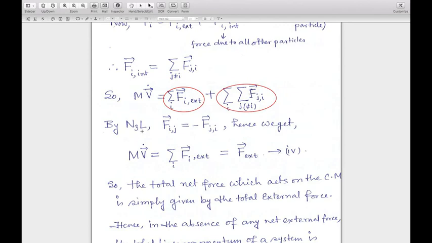Now, by Newton's third law, you know that the internal forces of action and reaction between the ith and jth particle are equal and opposite.